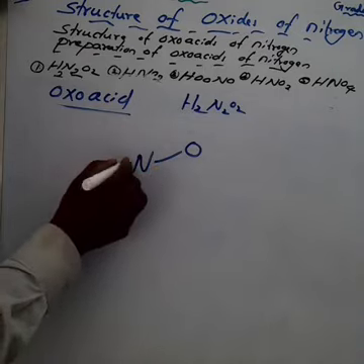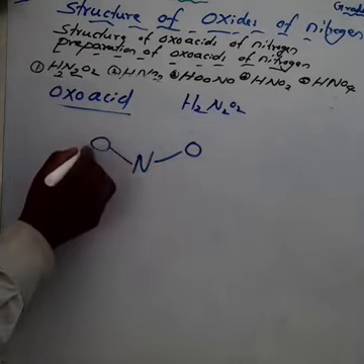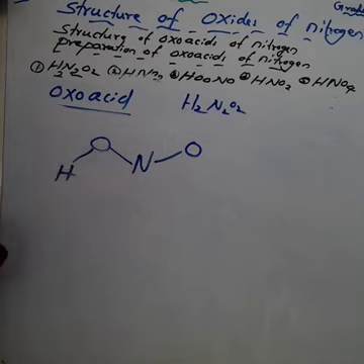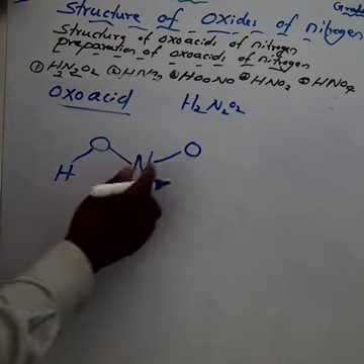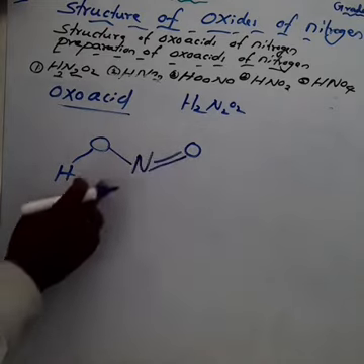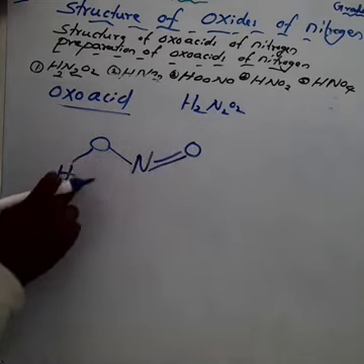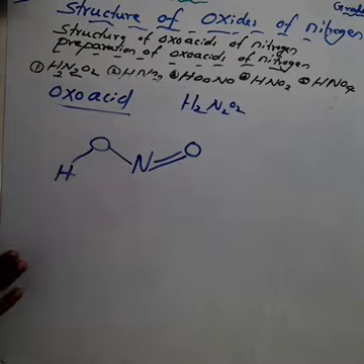Other side of nitrogen, one more oxygen. Then join with one hydrogen. So now we give the nitrogen oxygen bond as a double bond. Next, the nitrogen oxygen with the hydrogen has a single bond. Okay, this is over. Don't forget that. Then those who need, you can use the electron dot structure.